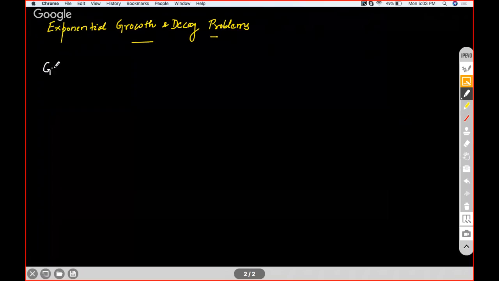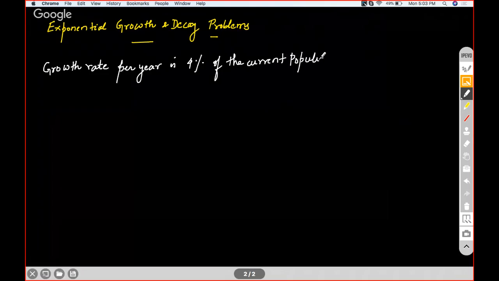So I'll just write down the key data over here. Growth rate per year is 4% of the current population. And the question that they have asked is, how long will it take for the population to double?